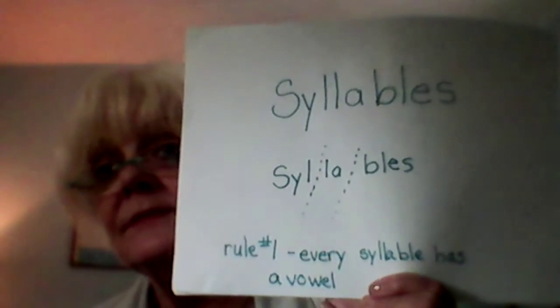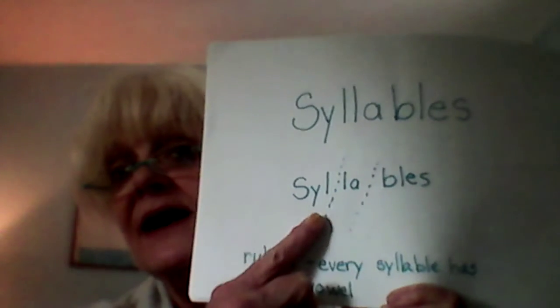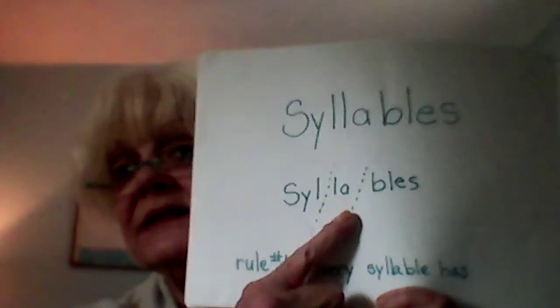And you also know that unless Y is starting a word, it's going to be a vowel. So every syllable has to have a vowel, right? Here's a vowel. Syllable.